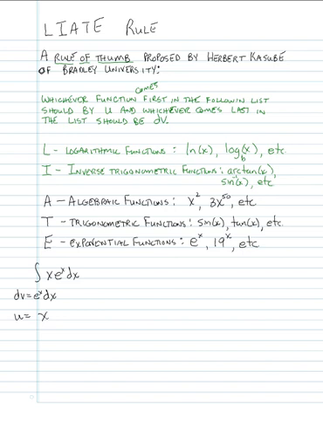And finally, the E is for exponential functions, where the base is e, for instance, like e to the x, or of course other exponential functions can have bases other than e, like 2 to the x or 19 to the x, etc. Now, if you stop and think about it, remember how this goes.